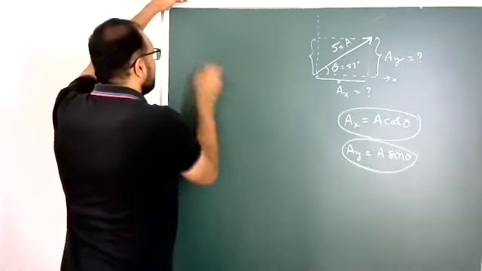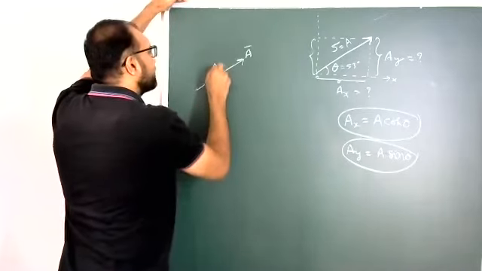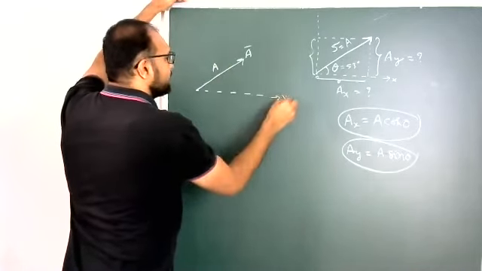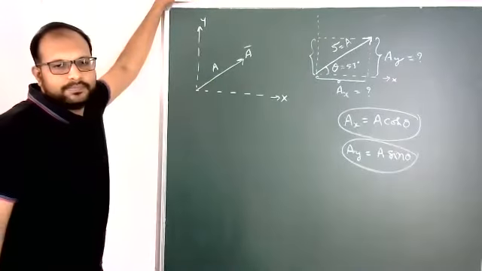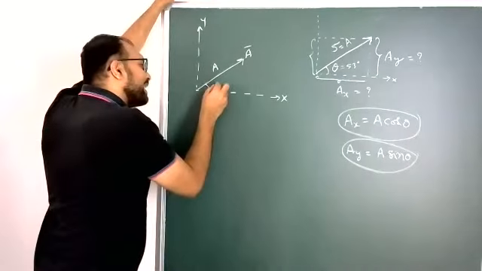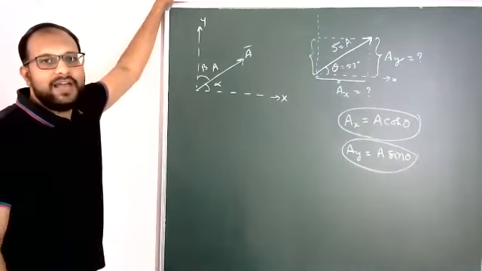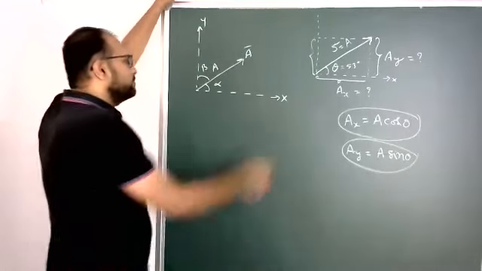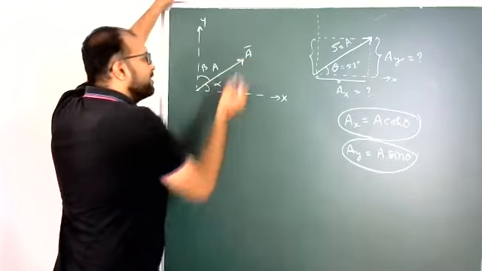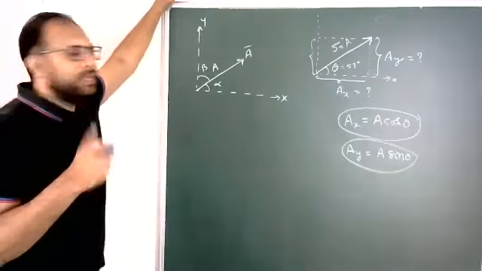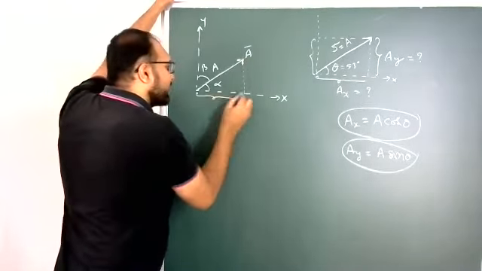Suppose this is A bar and magnitude A. This is the x-axis. This is the y-axis. Suppose students, this angle is alpha. This angle is beta, suppose. Angle alpha, angle beta. Now, this is the total magnitude of the vector A bar. Projection on x-axis means from here to here.